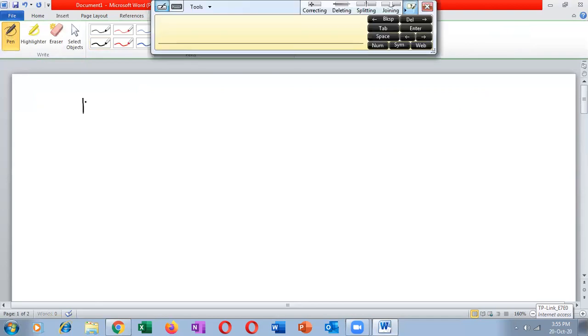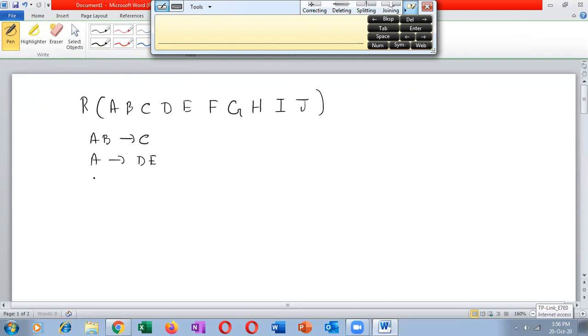Suppose R is the schema and it has attributes like this: A, B, C, D, E, F, G, H, I, and J. Now the dependencies are like this: AB to C, A to DE, B to F, F to GH, D to IJ. These are the dependencies.